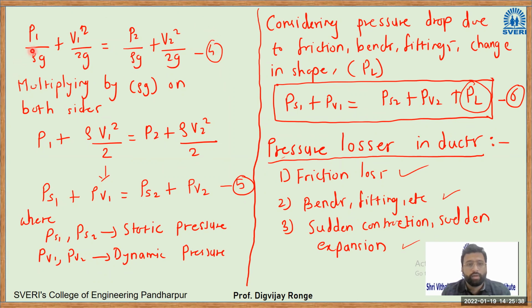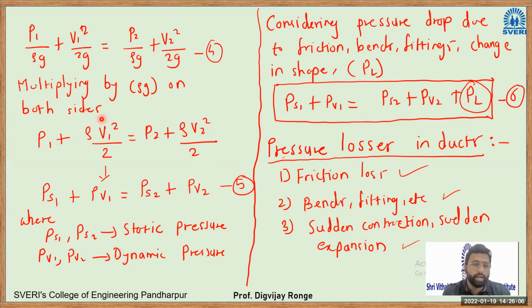Now again in this case, I will multiply both sides by rho g, so I will get this equation, and this equation reduces to P1 plus rho V1 square by 2 equal to P2 plus rho V2 square by 2. And this term rho V square by 2 is nothing but dynamic head.